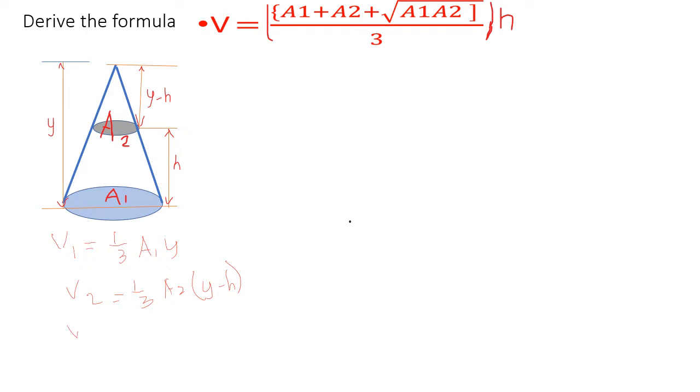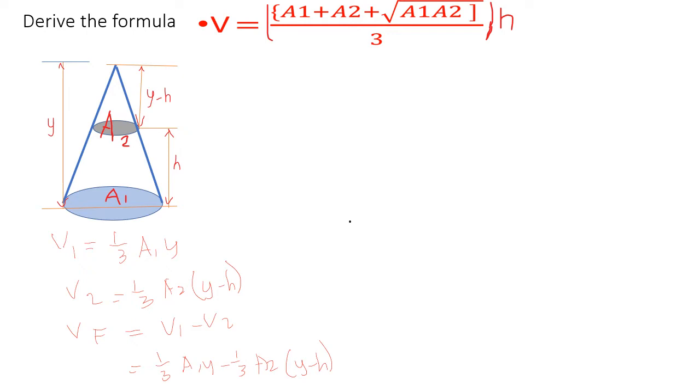So the volume of the frustum is equivalent to V1 minus V2, or equivalent to 1/3 A1 Y minus 1/3 A2 times Y minus H.